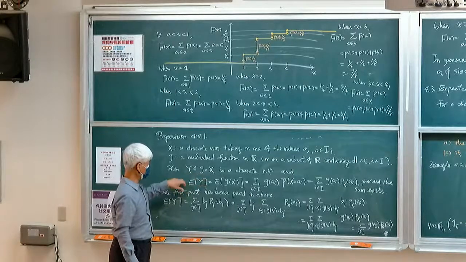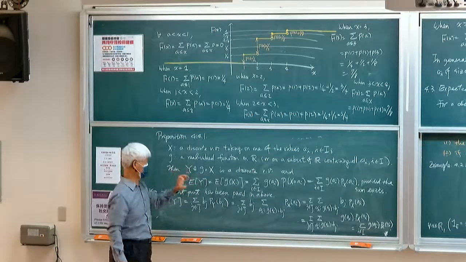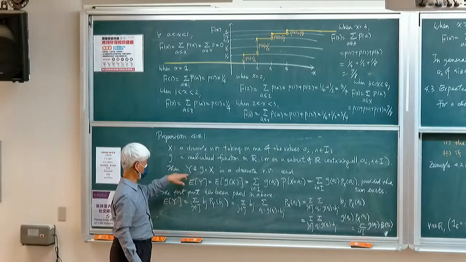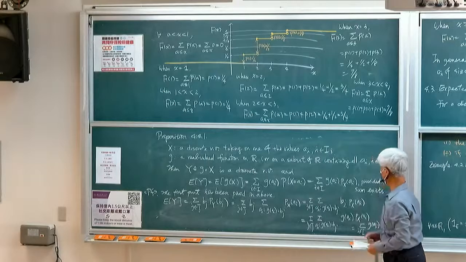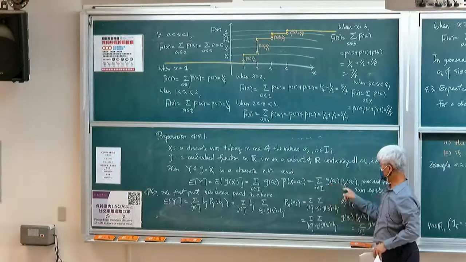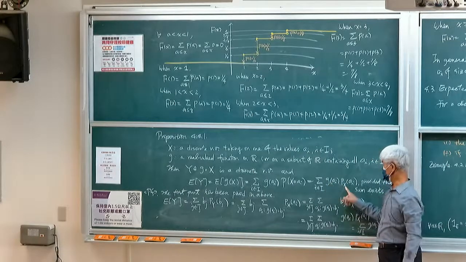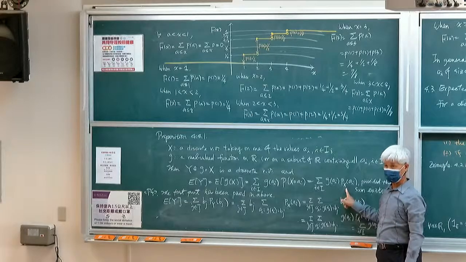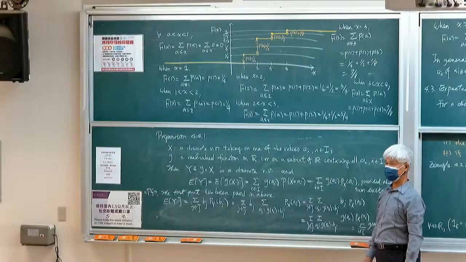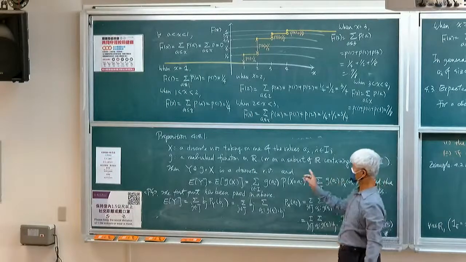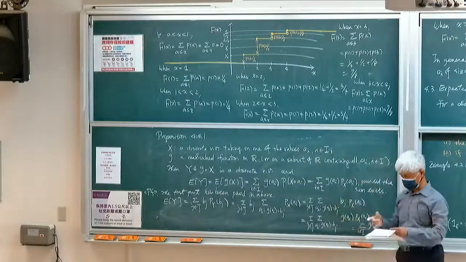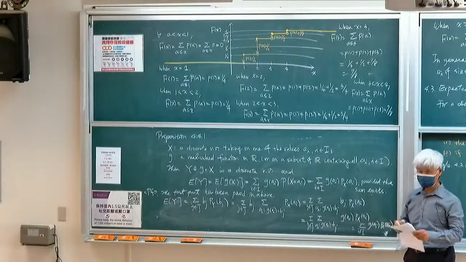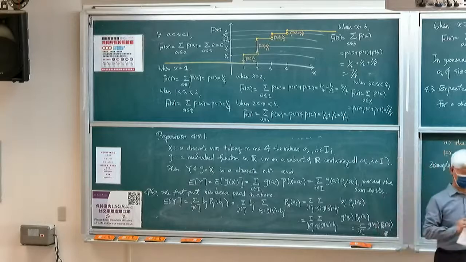The expectation of this processed value Y can be expressed by the data processing function as well as the PMF of the original random variable X. So we can compute the expectation of Y directly by using this formula.